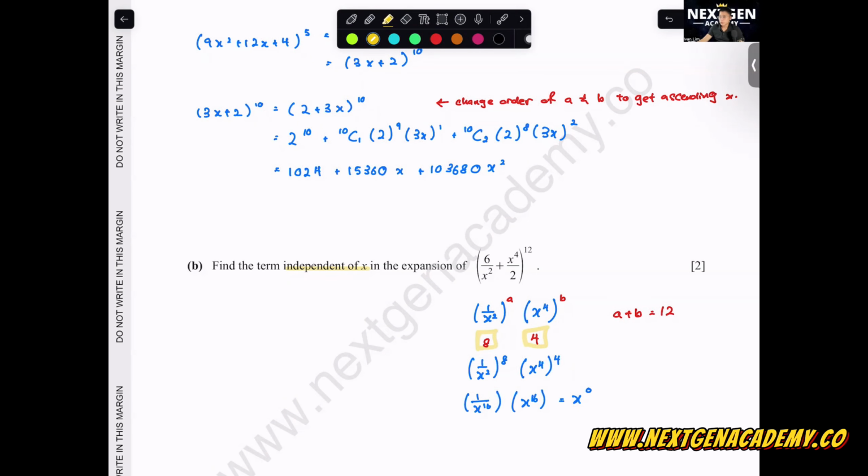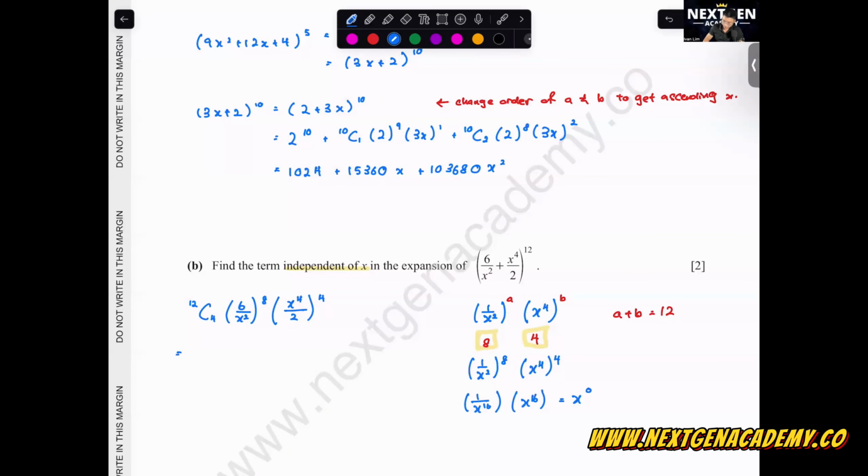From here, how do you write it? You just need to find that term only. Don't care about the other terms. So I will do 12c8 or 12c4, up to you. 12c4, 6 over x squared to the power of 8, times x to the power of 4 over 2 to the power of 4.